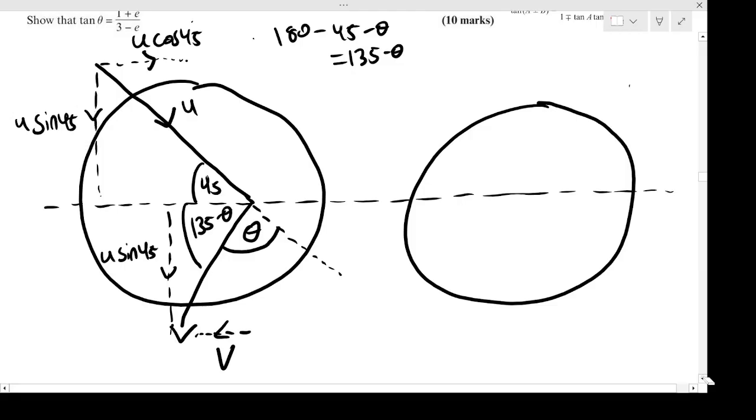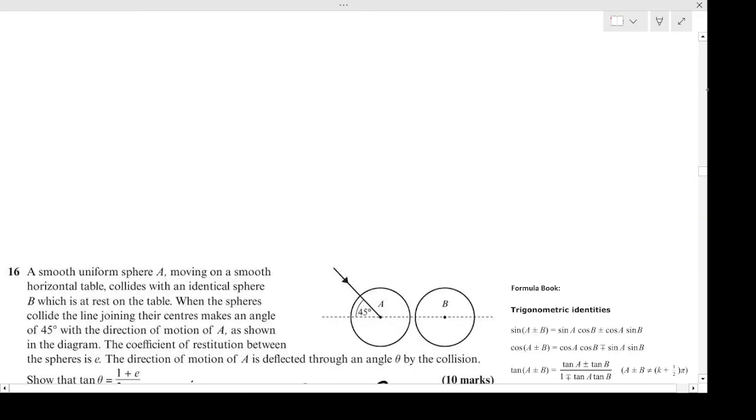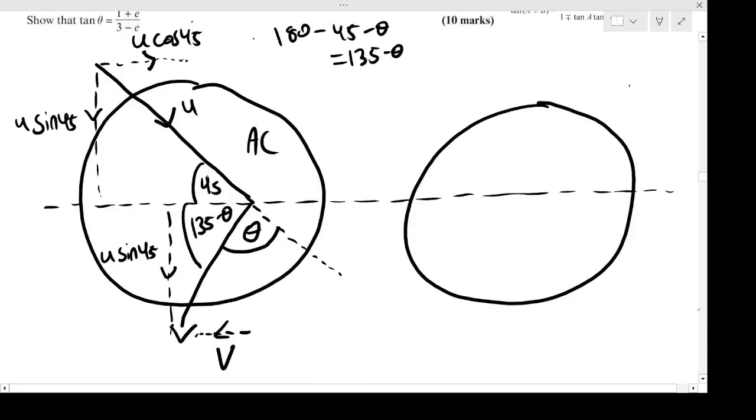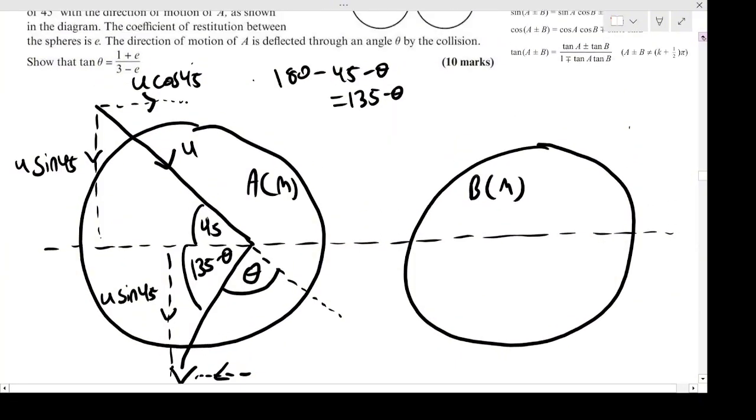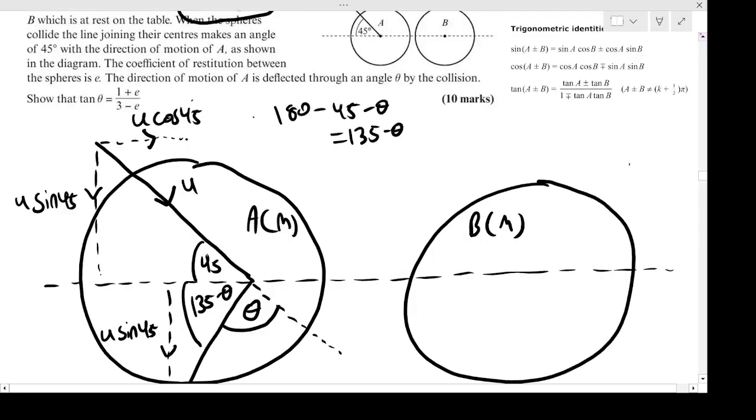So that's for A, and the mass of A is M. They're identical spheres, so their masses are equal. So I'm just going to call it M for the mass, and B also has a mass M. Now for B, if it's originally not moving at all, then it can only move parallel, so it's probably going to move to the right.